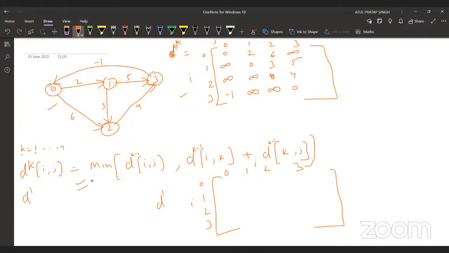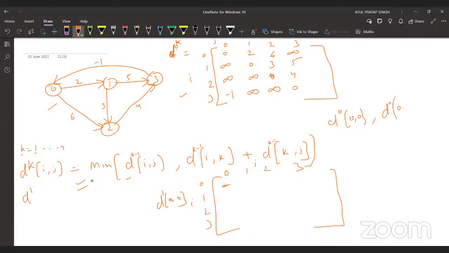And we will calculate the value of I comma J. So we are calculating the value for this position. So I is 0 and J is 0. Okay, so I equal to 0, J equal to 0, K equal to 1. We will put these values in this formula. So now it becomes D0, K minus 1, 1 minus 1 is 0, and I is 0, comma J is 0, D0 of 0, 0.